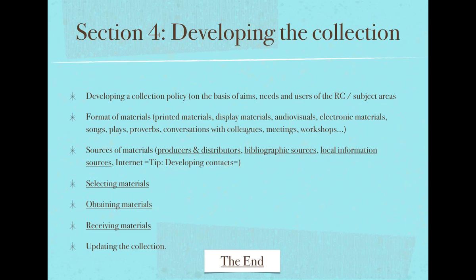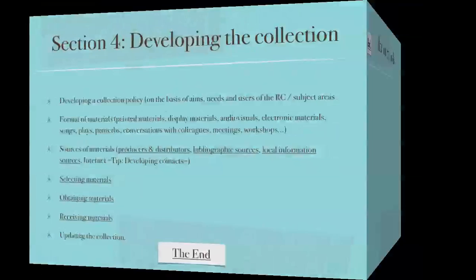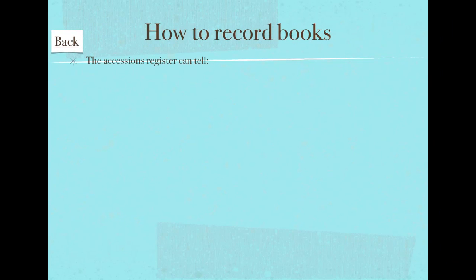The next step I want to talk about before finishing is when you receive the materials. The accessions register can tell you what you can do for collecting and organizing your materials: the date each material has been added, the classification number.